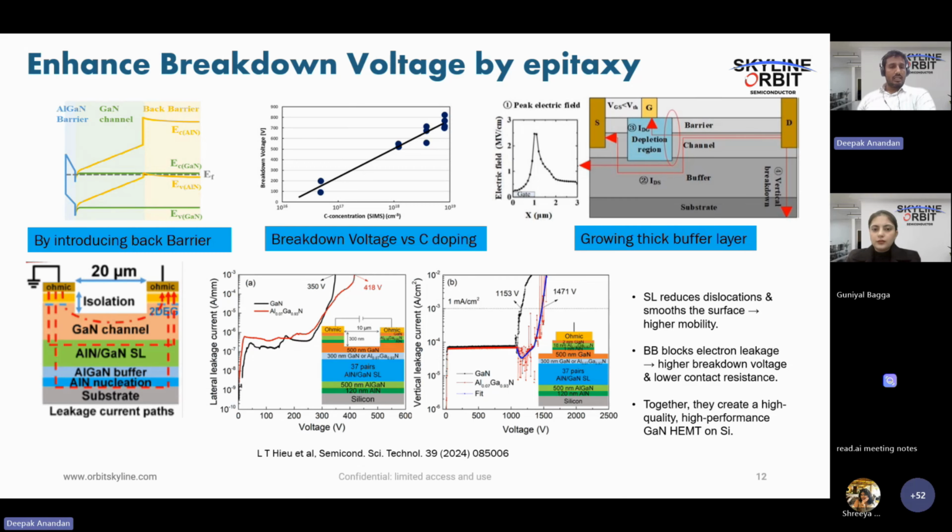That's one method. The second method is that you need to dope the buffer layer with the help of carbon or iron. Basically, this carbon and iron doping will act as deep level acceptors, because these deep level acceptors are more important when you are growing high quality gallium nitride.